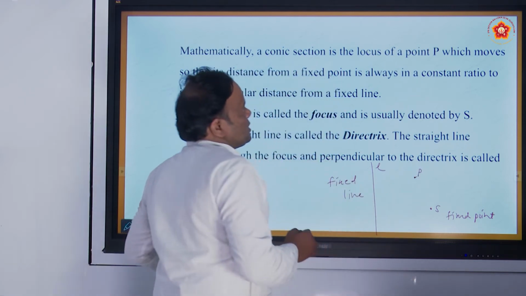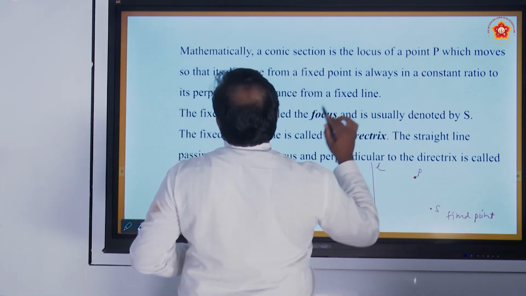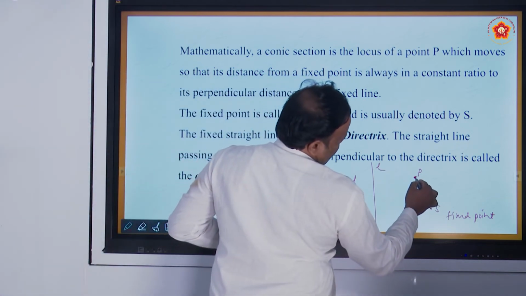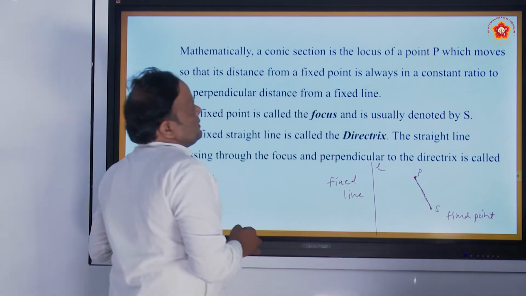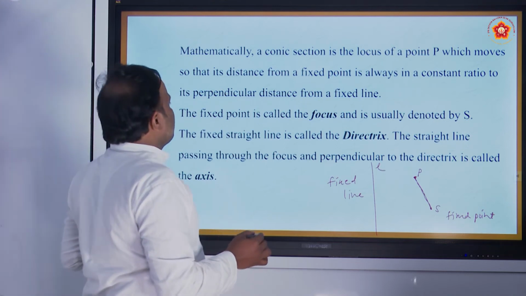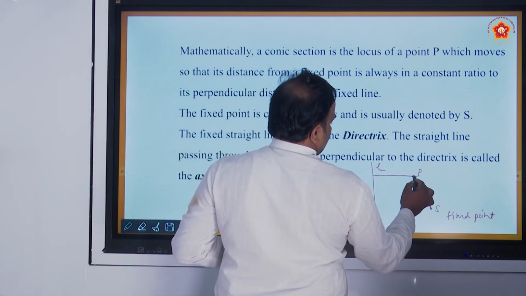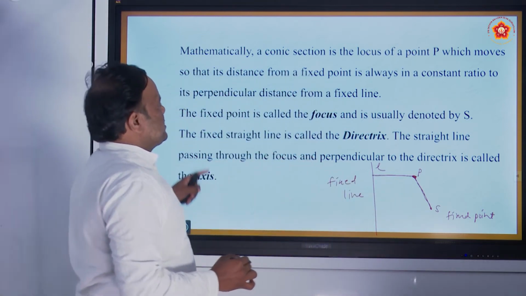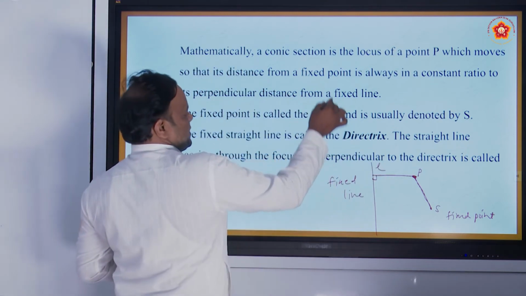The point P moves such that its distance from the fixed point is always in a constant ratio to the perpendicular distance from the fixed line. Perpendicular means this line is at 90 degrees.